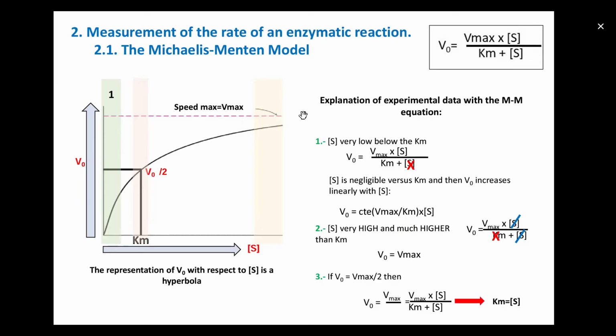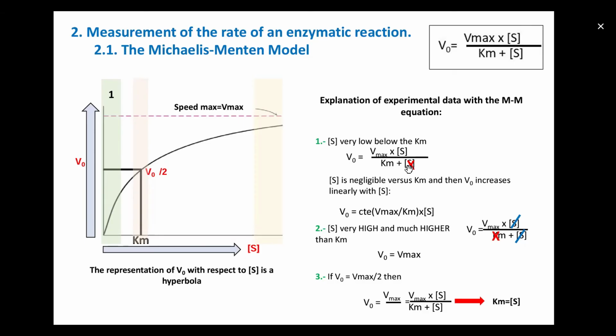So at this point, when we have substrate concentration to be very high, then V naught is equal to V max. You need to understand this scenario. If the substrate concentration is very low, then the substrate concentration in the denominator will be neglected, and at the end we are going to have V max times substrate concentration all over Km.